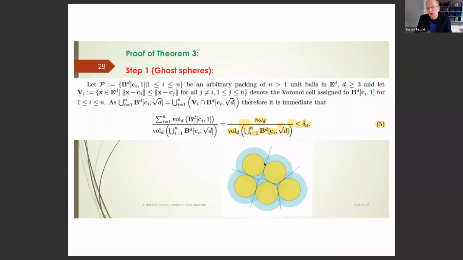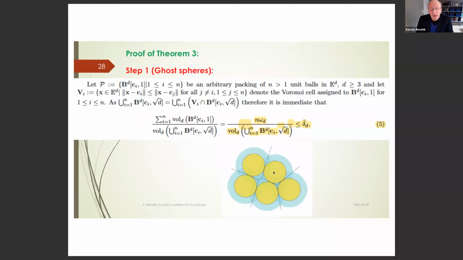And these lower and upper bounds then lead us to an upper bound on the contact number, because the upper bound on the surface area is an expression into which the contact number enters. Another input which makes the proof possible is Böröczky's upper bound theorem.